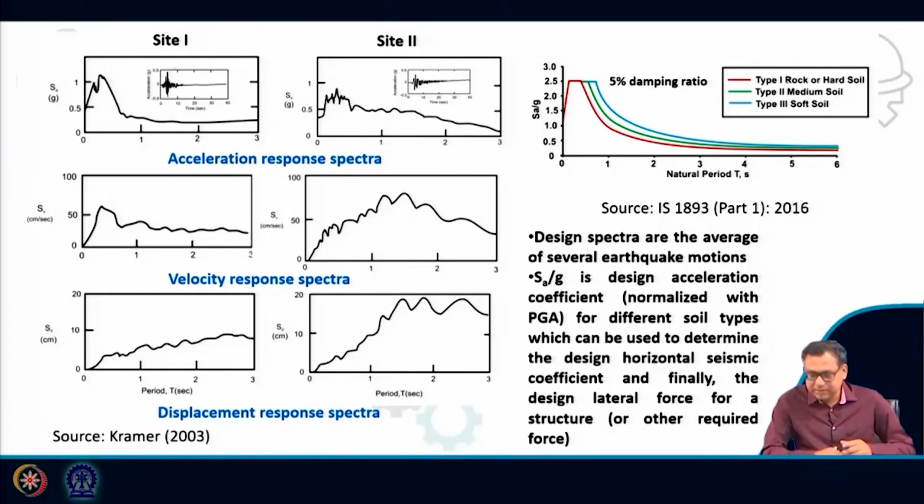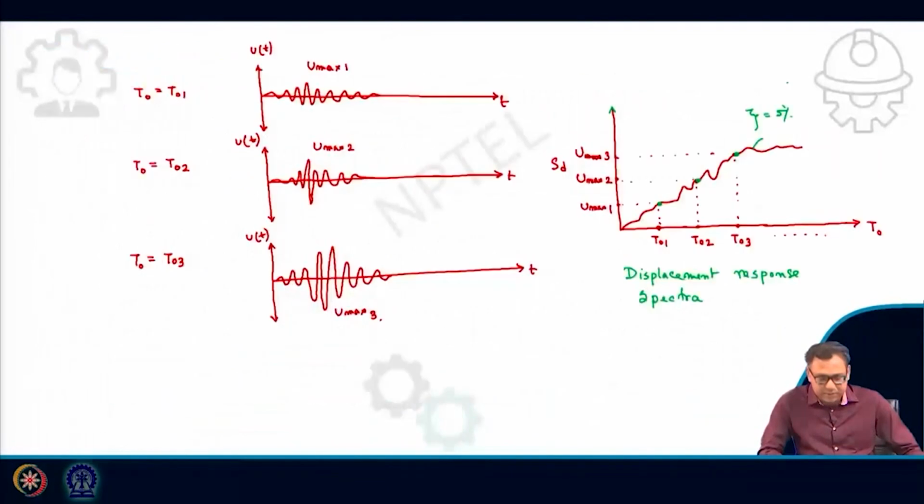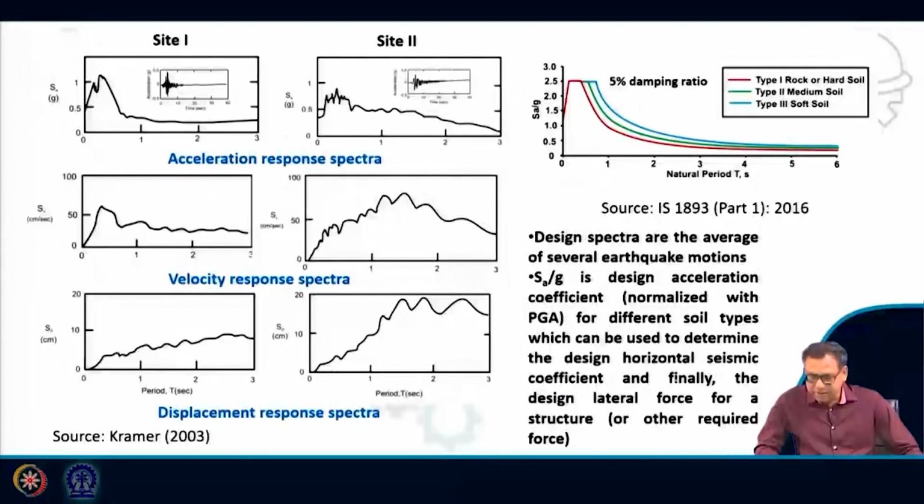I have already discussed that the design response spectra is basically the average of several earthquake motions. Here I have discussed it only for one earthquake motion. Such a response you will get under several earthquake motions, and then you will get the average of those. This is SA by g. This is the design response spectra.